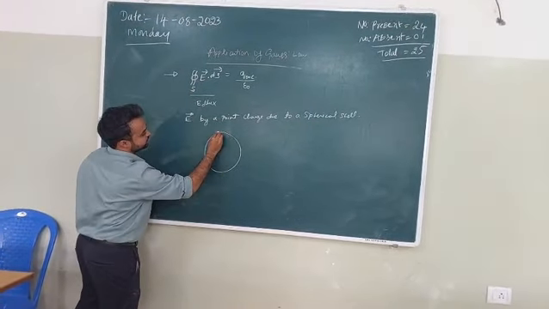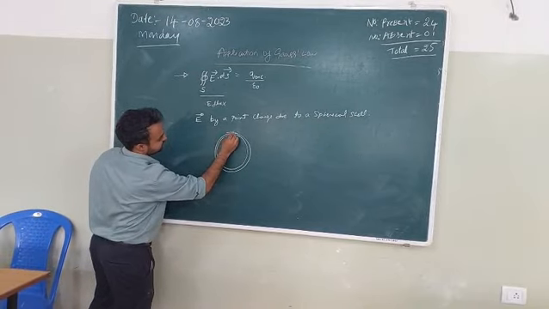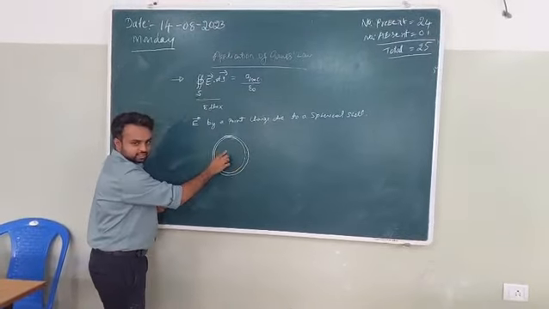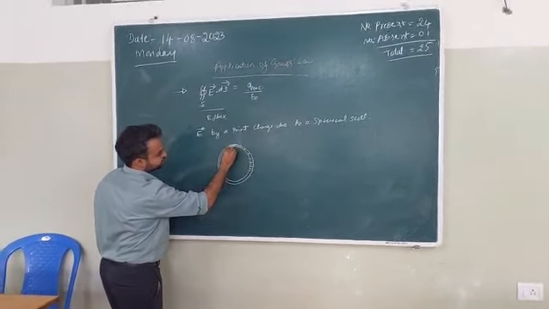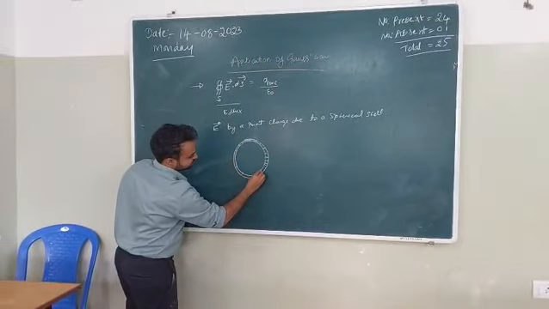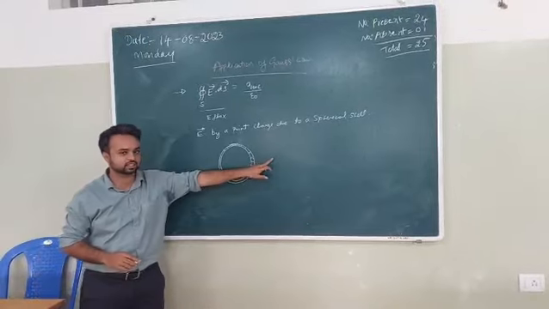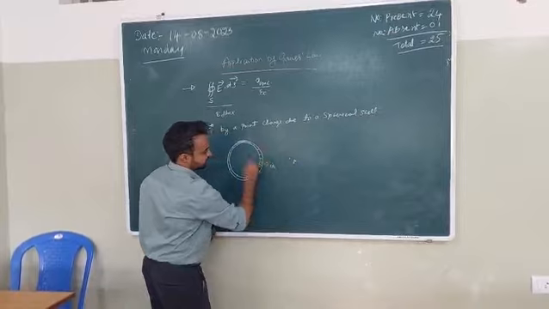The question says there is a spherical shell. Shell means the thickness will be very thin. There is nothing inside. There is charge contained in this thickness. I will call that charge Q. We are asked to find the electric field at some point here, say this is point B.